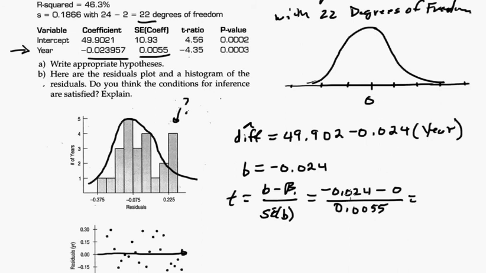So even though this looked kind of close to 0, right? 0.024 seems like pretty close to 0. But when you divide by an extremely small number like this, we get a big number. So we get negative 4.35. I guess that's big for me. 1, 2, 3, 4. So we're way out here. We're right about there. Okay, so a long ways away from the hypothesized value.